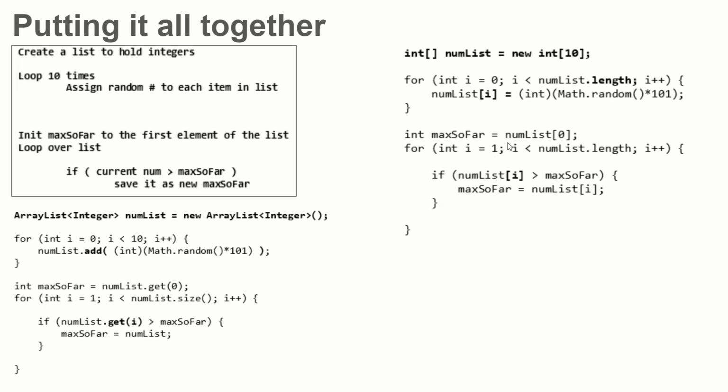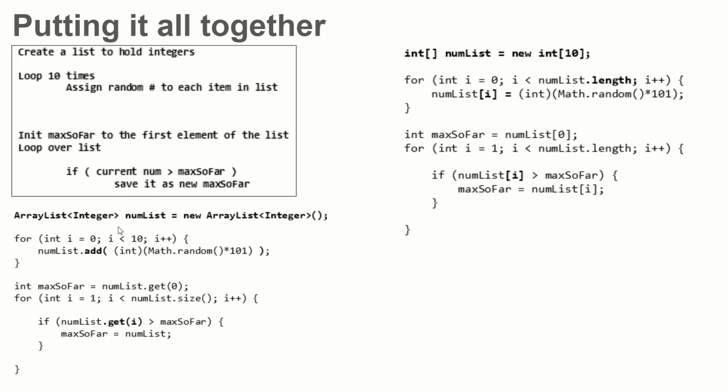And now we loop starting at index 1, because we've already checked index 0. We'll loop through the rest of the list, and we'll check each value and say, is that thing larger than the maximum so far? And if it is, we'll take that value and save it as the new maximum. This is pretty basic for the stuff we'll be doing in AP Computer Science, but I just want to show you what it looks like to put all those elements together.